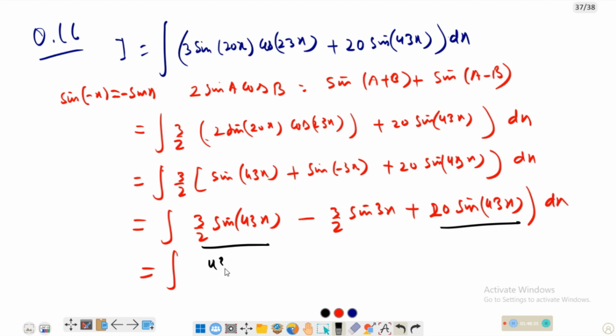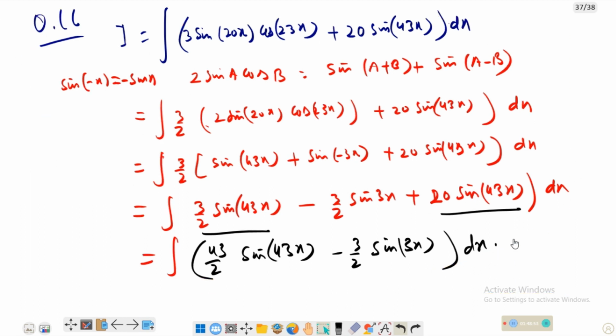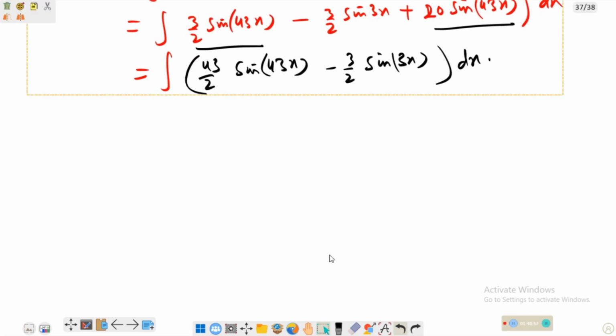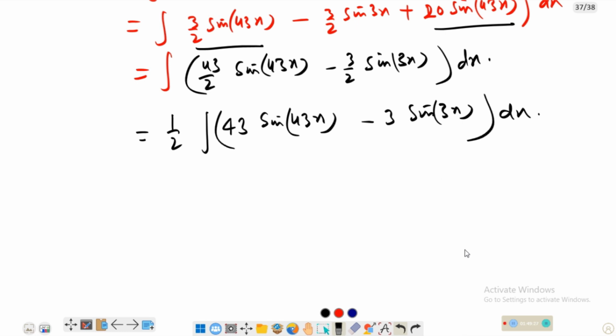This is equal to the integral of (43/2 sin 43x minus 3/2 sin 3x) dx. If I take out 1/2, this is like 1/2 of (43 sin 43x minus 3 sin 3x) dx.